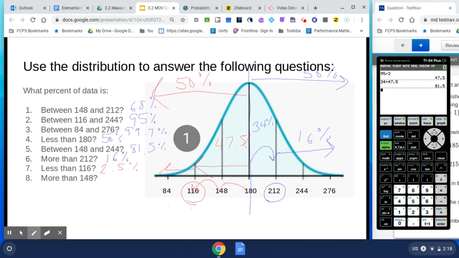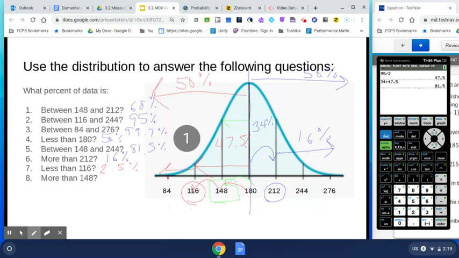All right, last question is more than 148. I'm going to switch colors one more time. Let's go with some green. More than 148. 148 is 1 standard deviation below the mean. So thinking about what percent that would be, 1 standard deviation out in both directions is again 68, but I'm only moving to the left.